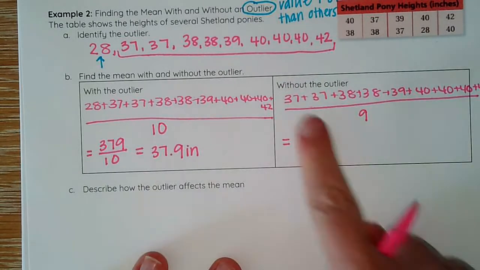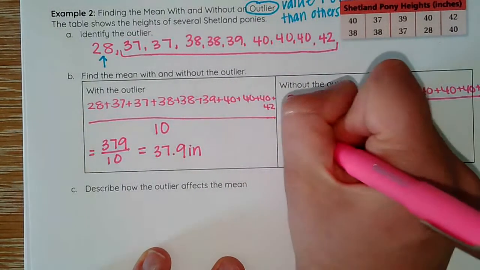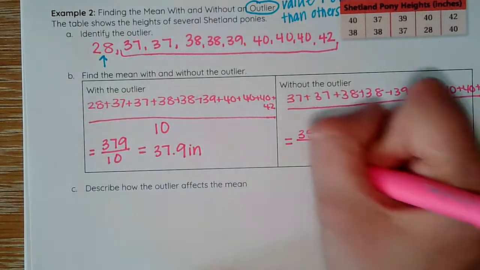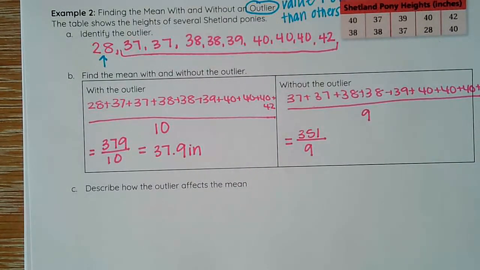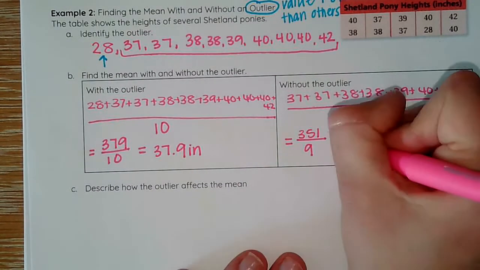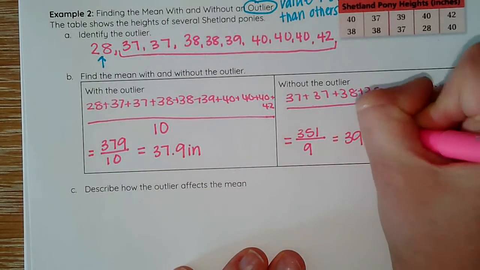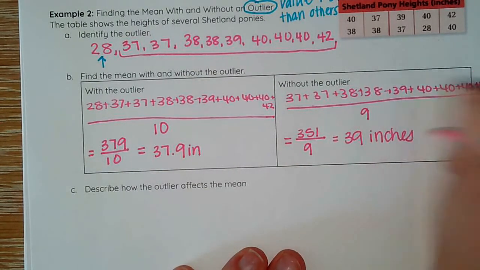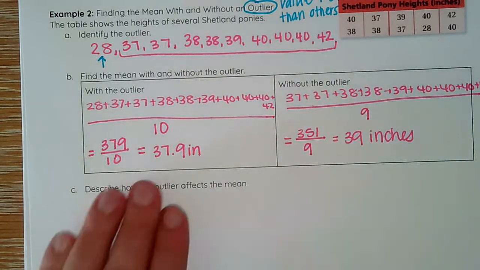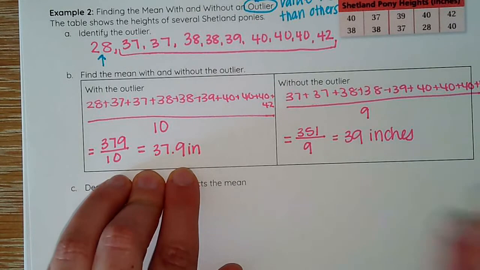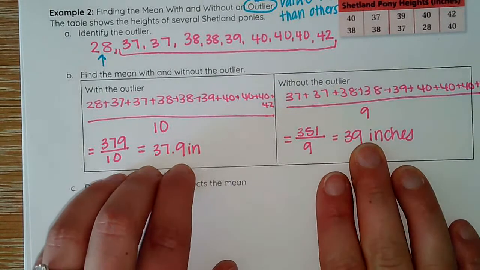I add these all up and I get a sum of 351. I divide that by my total number of points, which in this case is 9. When I simplify that out, I've got 39 inches. So with the outlier, my mean is 37 and 9/10 inches, and without the outlier, it's 39 inches.